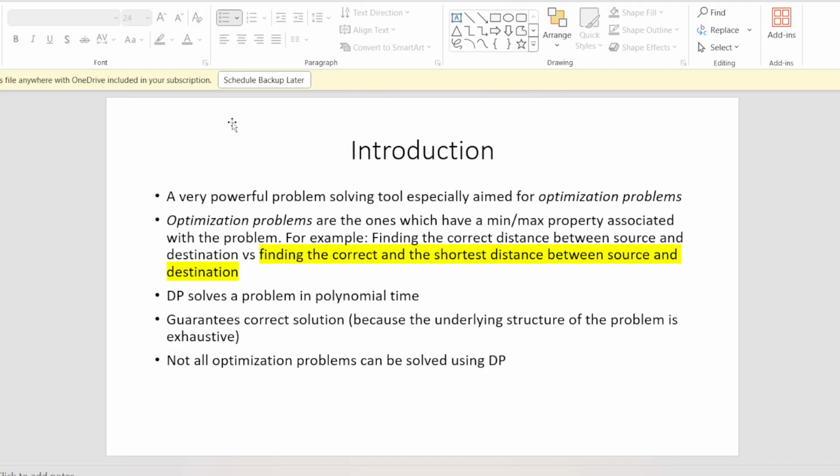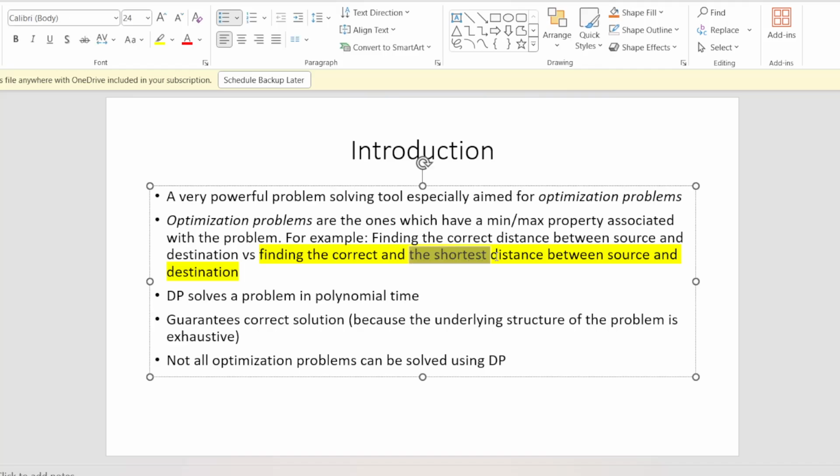So let us look at the example so that we understand the definition better. তো আমরা এখানে দুইটা প্রশ্ন দেওয়া আছে, সেটা হচ্ছে finding the correct distance between source and destination versus finding the correct and the shortest distance between source and destination. দুইটা প্রশ্ন খুবই কাছাকাছি বাট পুরোপুরি আবার এক না। প্রথম প্রশ্নে আমার শুধু একটা সঠিক ডিস্টেন্স বের করলে আমার কাজ শেষ হয়ে যাচ্ছে। দ্বিতীয় প্রশ্নে আমার শুধু একটা সঠিক রাস্তা বের করলে আমার কাজ শেষ হয়ে যাচ্ছে না, আমার সাথে একটা shortest distance ও বের করতে হবে.